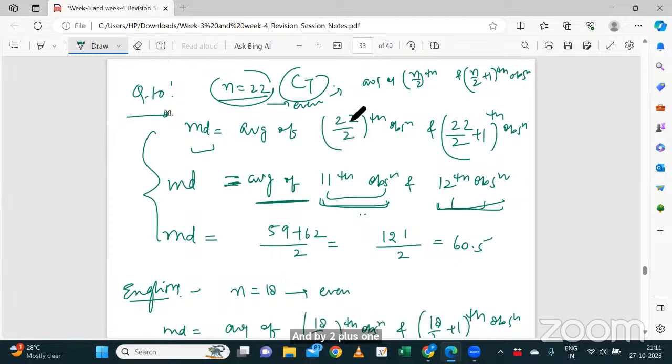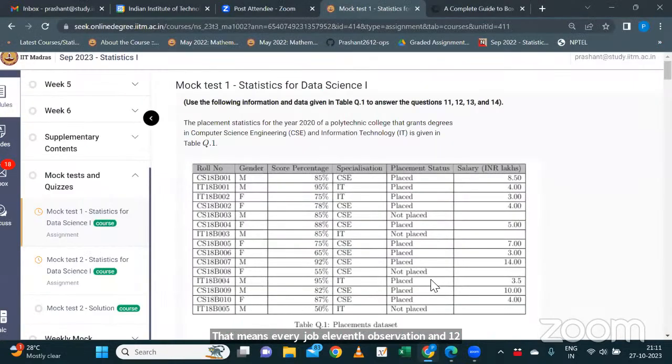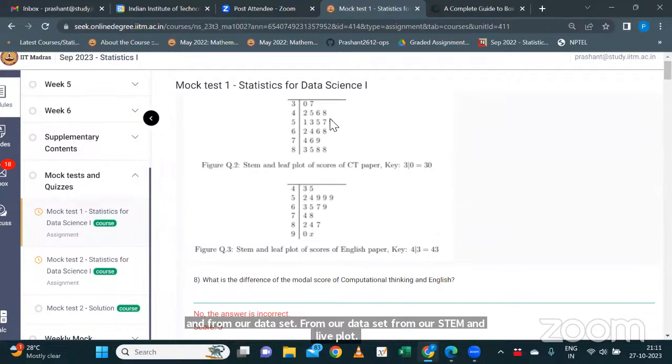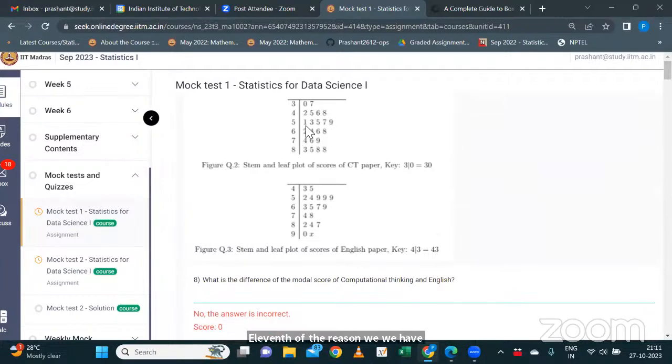So here n is 22, that means the average of the 11th and 12th observation. From our stem and leaf plot, the 11th observation is 59 and the 12th observation is 62. So we took the average of 59 and 62.